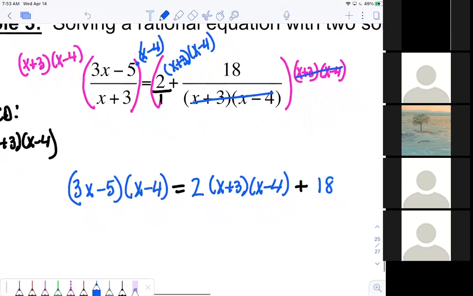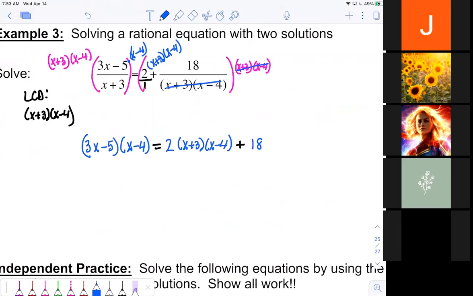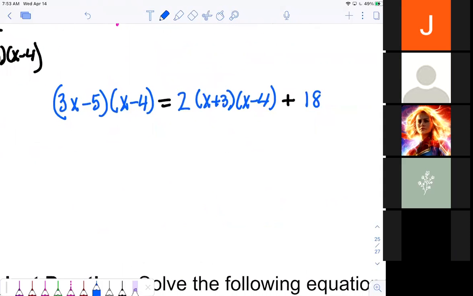All right, so this problem now looks like a pretty involved algebraic problem. Gabby, what do you think you're going to have to do at this point of the problem? Would you have to distribute the 2 into the fractions? So she said, would you have to distribute the 2? Yes, we're going to have to distribute the 2.